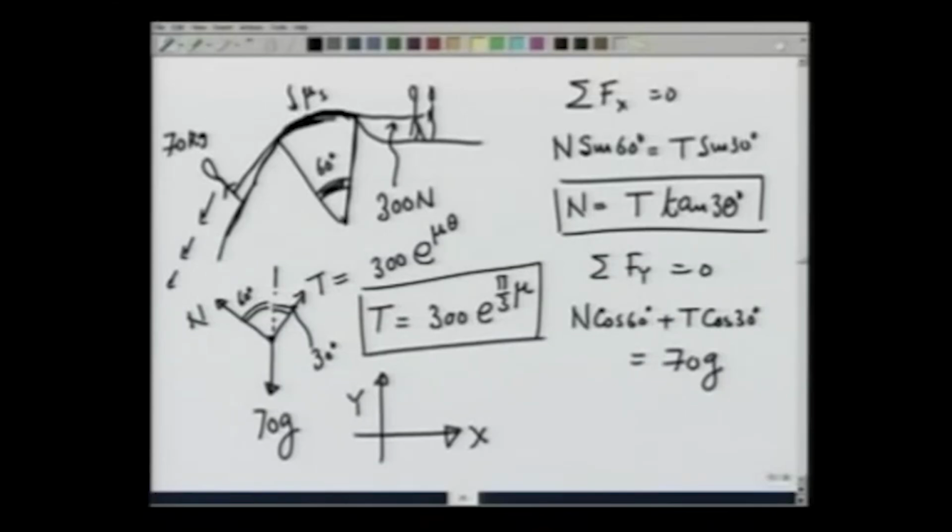But we have already calculated what N is. Putting that value, I get T tangent of 30 degrees cosine of 60 degrees plus T cosine of 30 degrees is equal to 70 g.